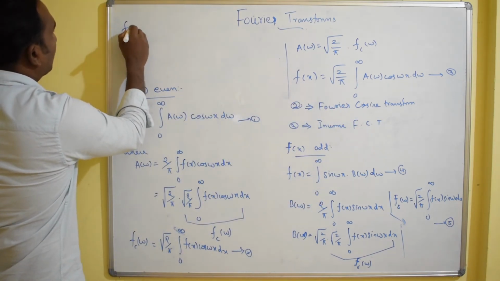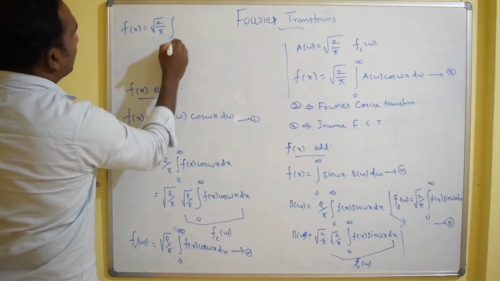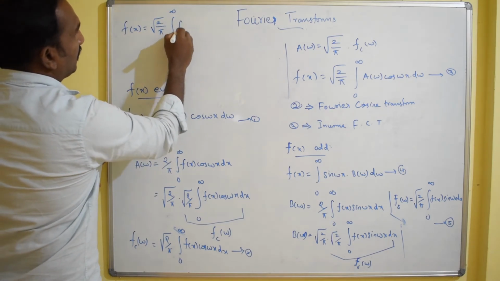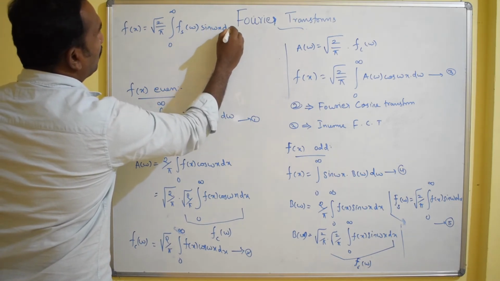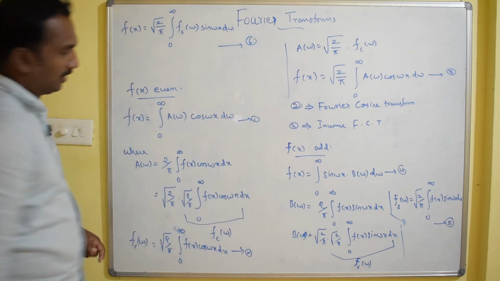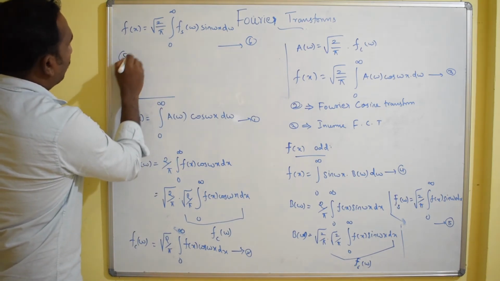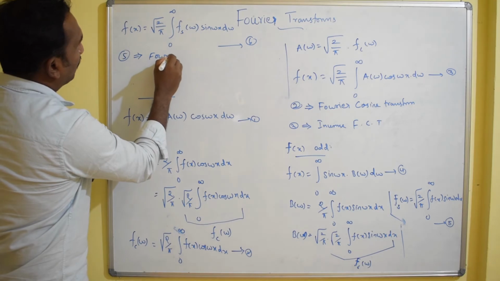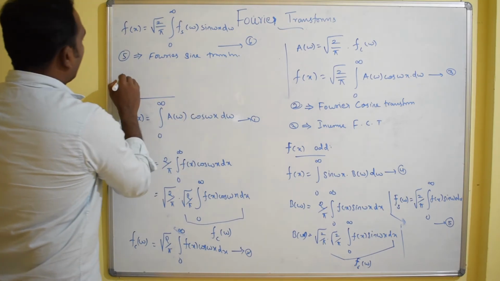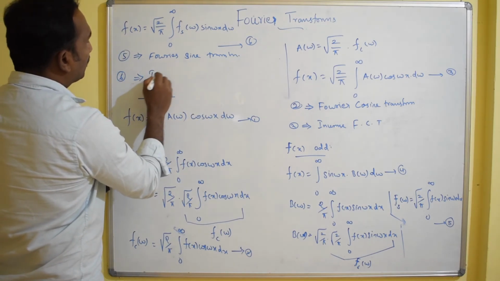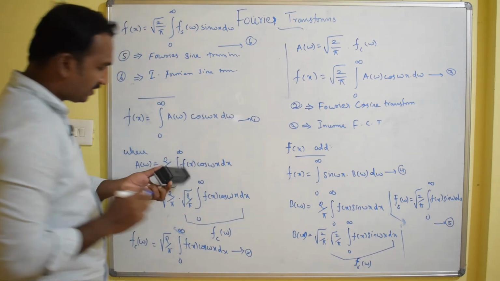You will get f of x is equal to root of 2 by pi integral 0 to infinity F s of omega sine omega x d omega. Let us take this as equation number 6. Equation 5 is called Fourier sine transform, and the sixth equation is inverse Fourier sine transform.